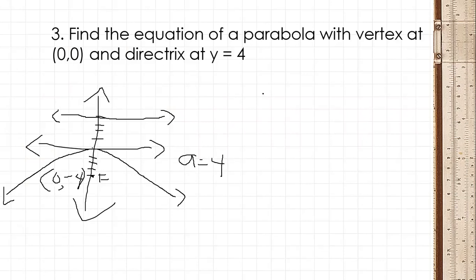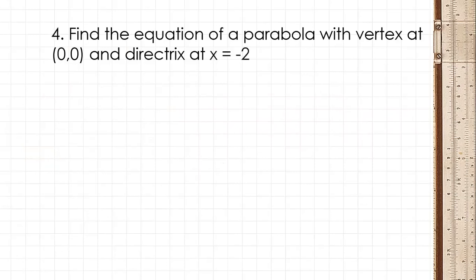Downward, meaning x squared is equal to 4ay, our a is 4, and then y. x squared is equal to 4 times 4 is 16 times y, we have 16y.